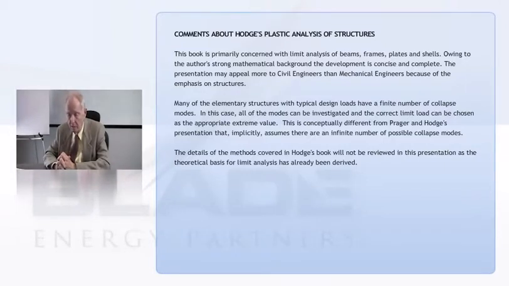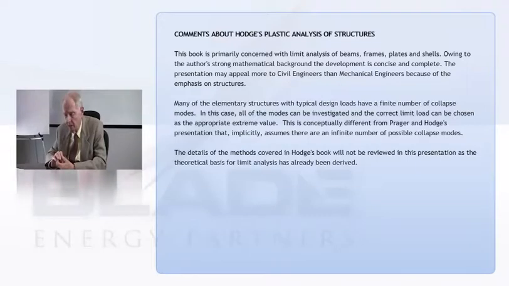And this book, in the beginning at least, capitalizes on this notion of a finite number of collapse modes of these frames, and how to go about it. And there's some special mathematical techniques that he covers.